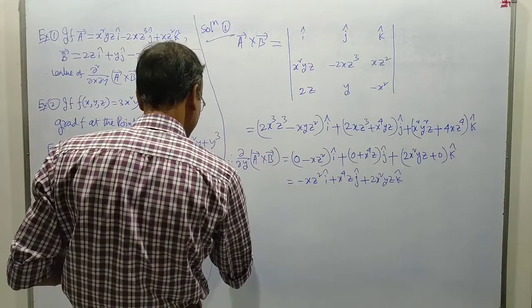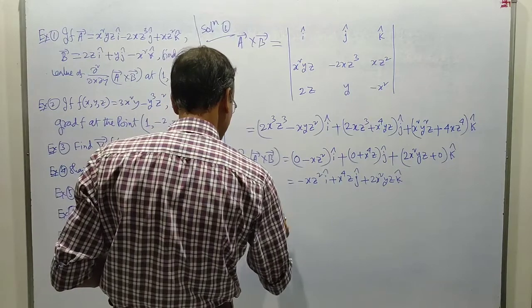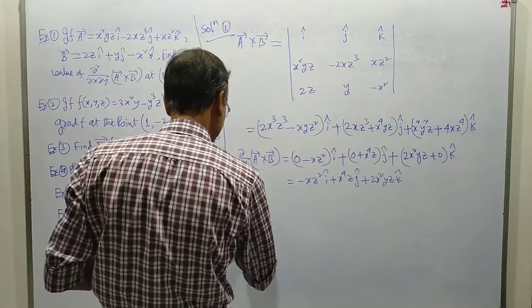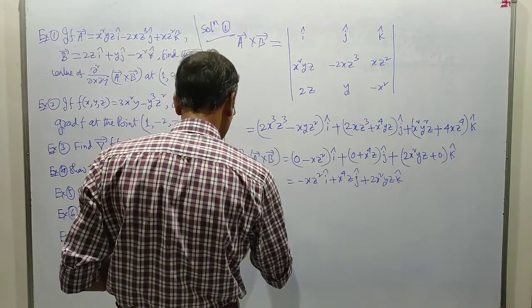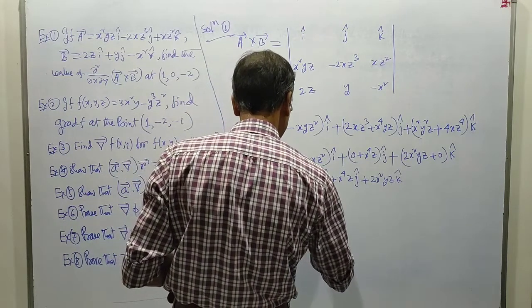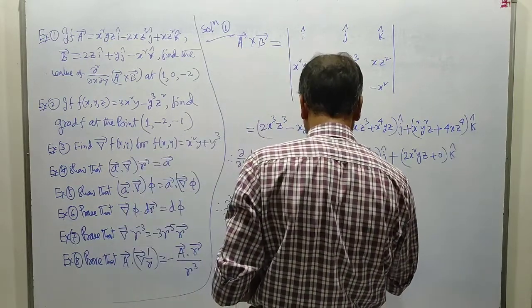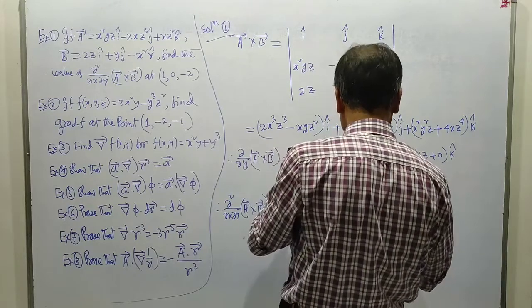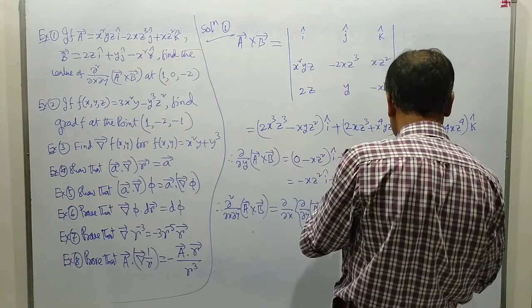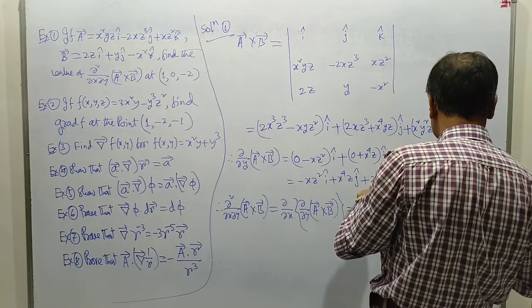Therefore, delta x delta y of A cross B is equal to delta x of del y of A cross B. This is equal to with respect to x partially differentiate minus x z square i cap plus x to the power 4 z j cap plus twice x square y z k cap.